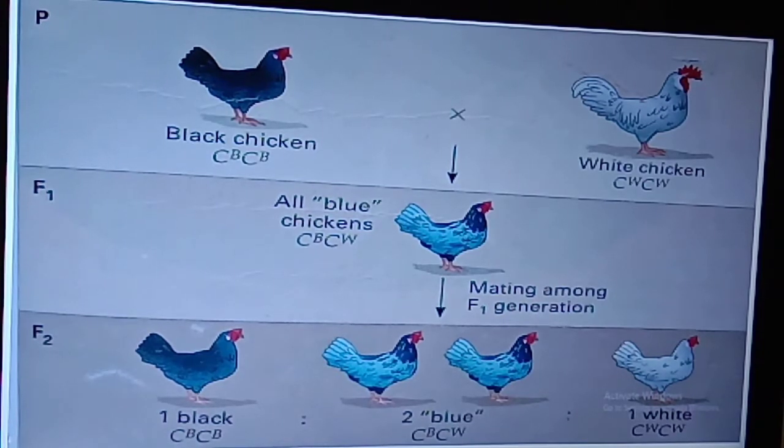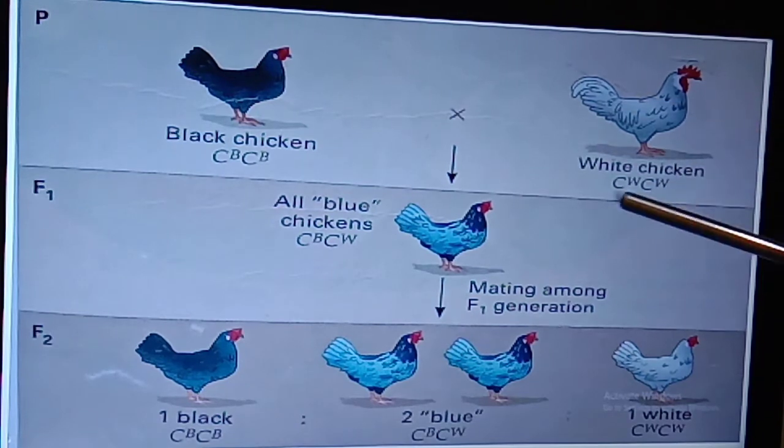The phenotype of this chicken is white, while this one is black, and this one is blue. What is genotype? It is the genetic makeup or combination of alleles that is not observable. So this is the genotype of this chicken. C stands for color, W stands for white.